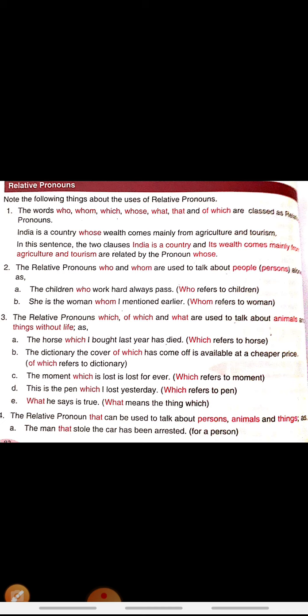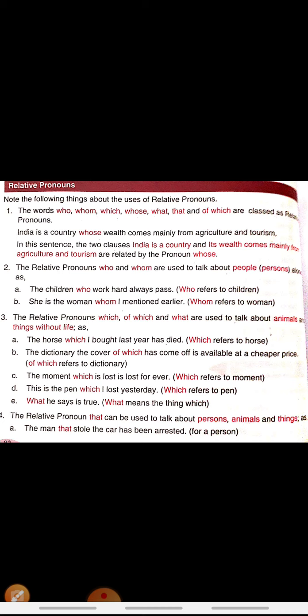Whom refers to woman. Now, which, of which, what, they are used to talk about animals and things without life. The horse which I bought last year has died.